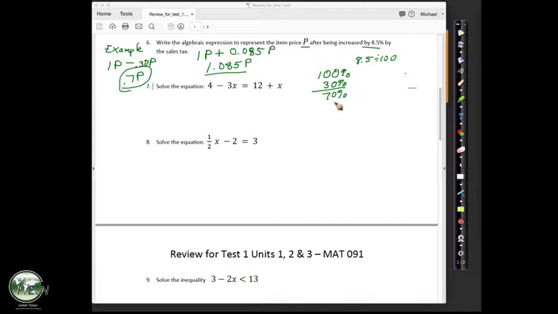When I do that, I always do it as a decimal. So I'm going to take 70%, divide it by 100, and that gives me 0.7. And that's going to be times the price, whatever the price was.